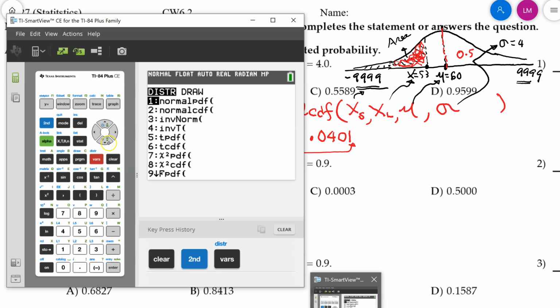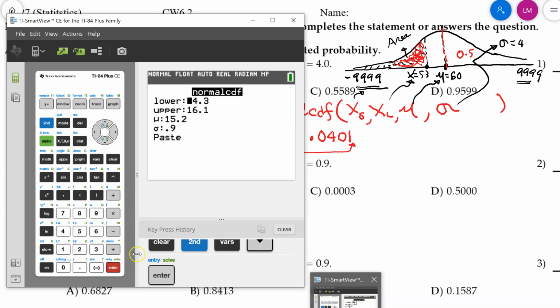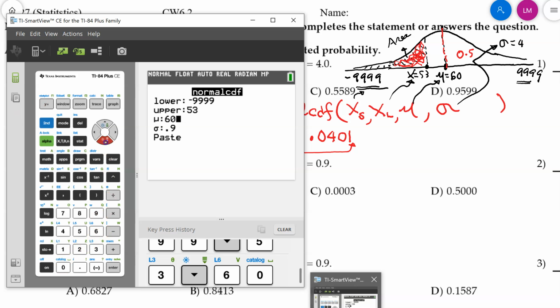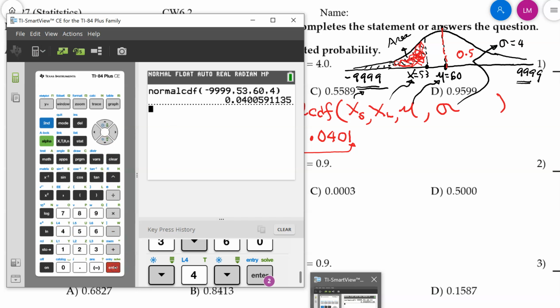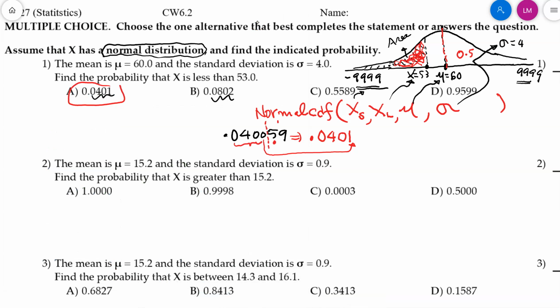Now second vars, we gotta go to number 2, and then first one is negative 9999. Next one is 53. Next one is 60. The last one, standard deviation, is 4. And then paste, and then enter, and one more time, you get the same answer. Okay. All right. Next one.